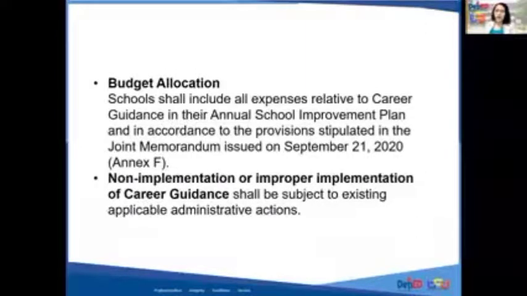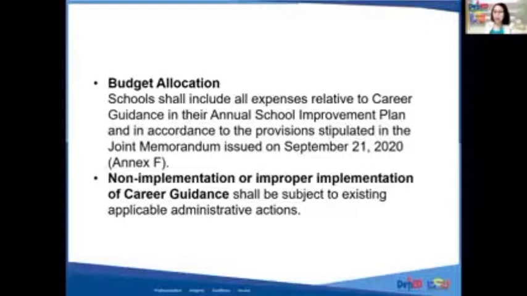No? And then non-implementation or improper implementation of career guidance shall be subject to existing applicable administrative actions. So we are actually experiencing an extraordinary event, just the pandemic, and we understand kung meron tayong mga limitations, no? So maaring may mga hindi makapag-implement because of some challenges, no?